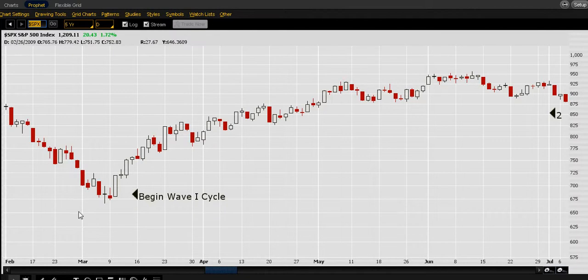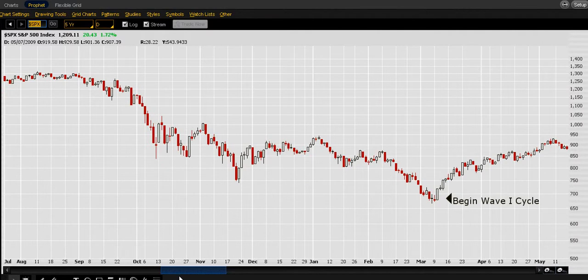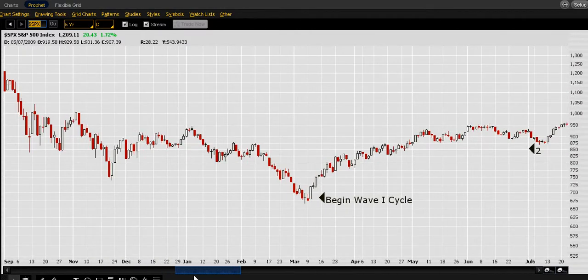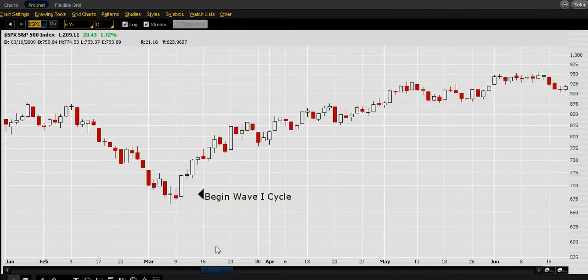I'm going to start from the bottom of the cycle count 5, or what is more commonly known as the bottom of the bear market in March of 2008, and I'm going to go forward from that point. The bottom of 2008 was the beginning of a wave one cycle count, which represents the business cycle.